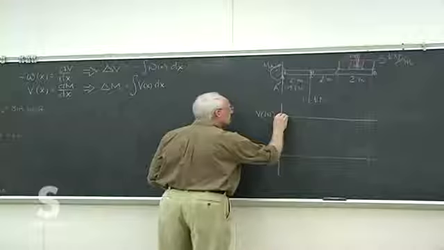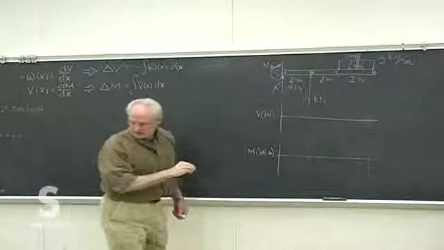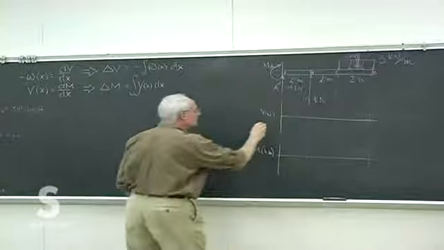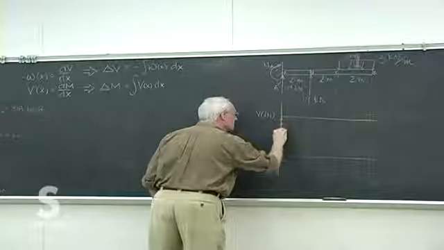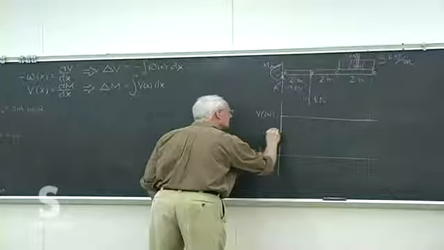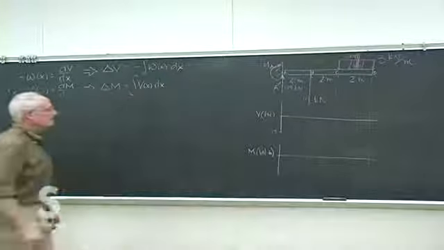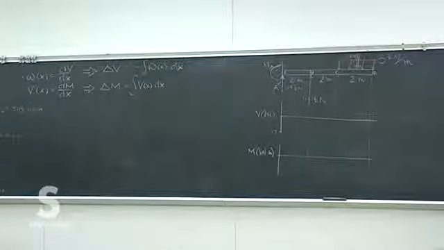So that's your starting point to give you enough room. That's actually the biggest value we're going to get. Because of that upward 19 kilonewton load, the wall is actually holding that end down, not holding it up, which is usually what we see for a cantilever support at the wall.